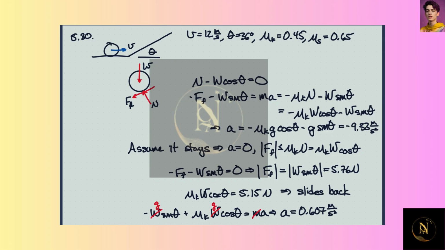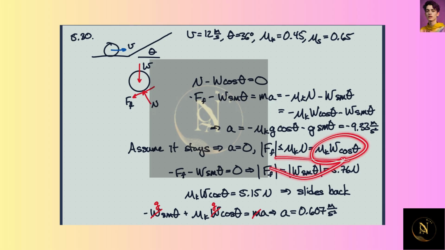Now, the free body diagram for if it's static is just this equation here with a equals 0. And now we know that the magnitude of the friction force is going to be the magnitude of the weight times sine of theta. Plugging everything in here, we get that that's 5.76. Now, what is the maximum that it can be?